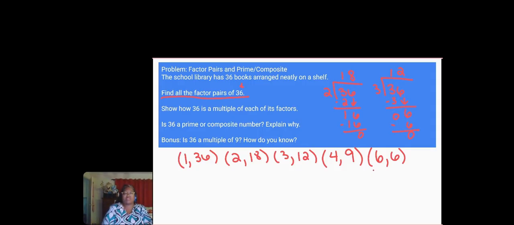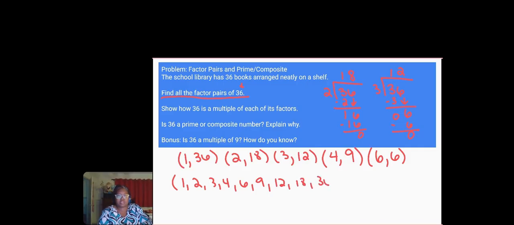So that is also a factor pair. Now, this also helps us to list out all of the factors of a number: 1, 2, 3, 4, 6, 9, 12, 18, 36. So these are all of the factors of 36. We have now listed all of the factor pairs of 36.